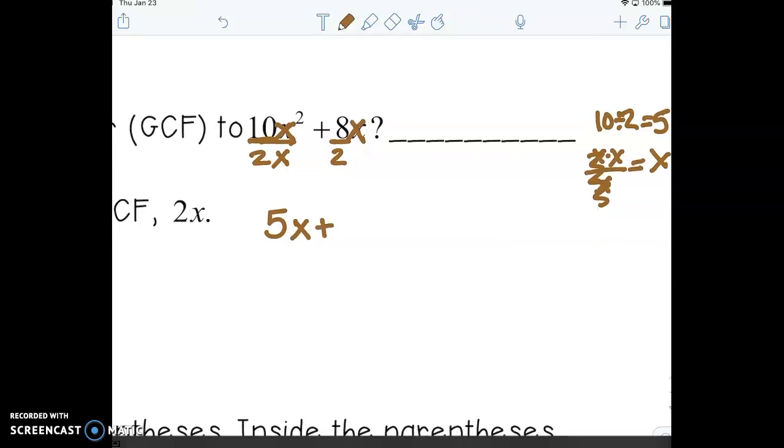I have plus 4, and the 4 is by itself, so let's double check that. 8 divided by 2 equals 4. X divided by x cancels out completely. It really makes a 1, but 1 times 4 still equals 4.